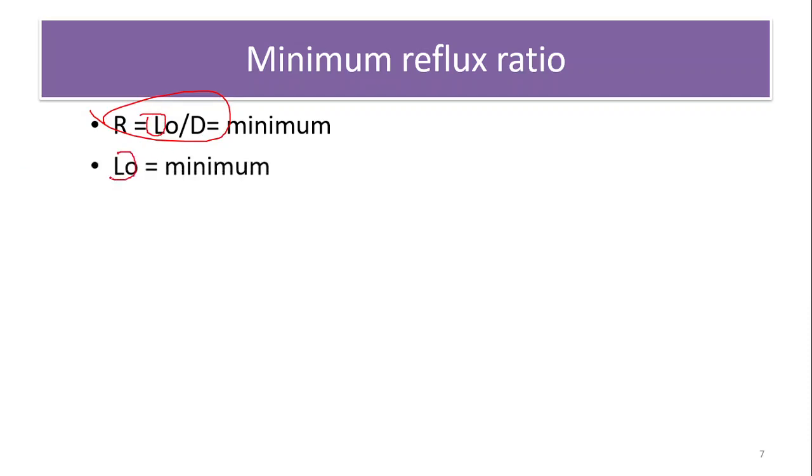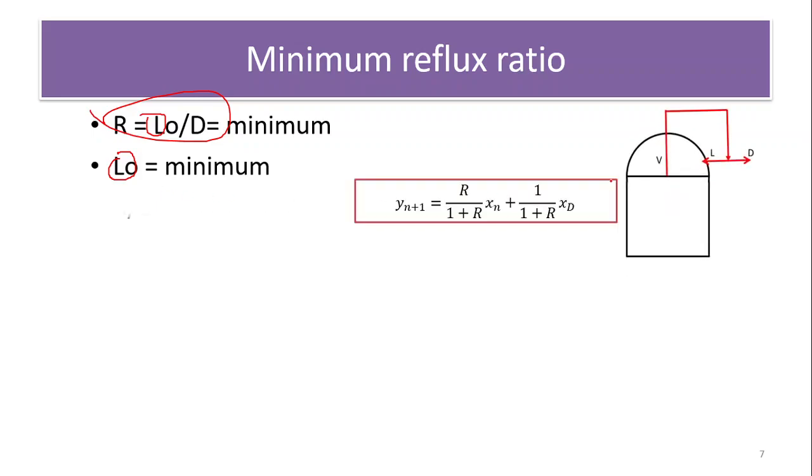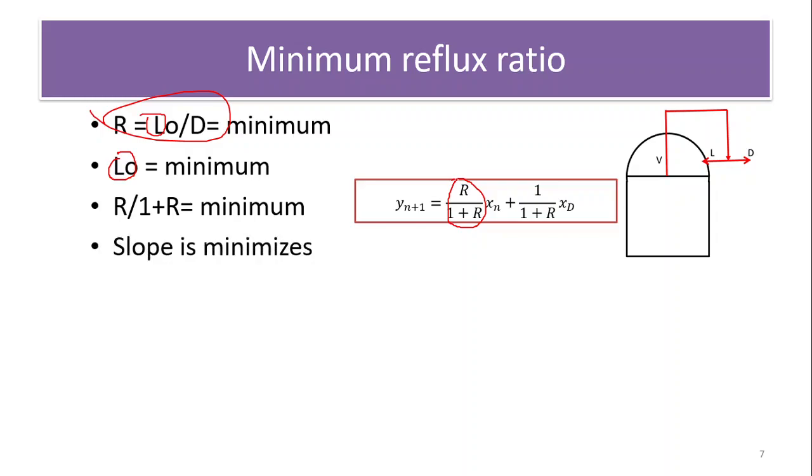So if L0 is minimum, then L0/D, the reflux ratio, will be minimum. That is the condition. At that condition, R/(1+R) will also be minimum if you make the reflux value low. It means the slope is also minimum here. To understand these things, let us look at the diagram.